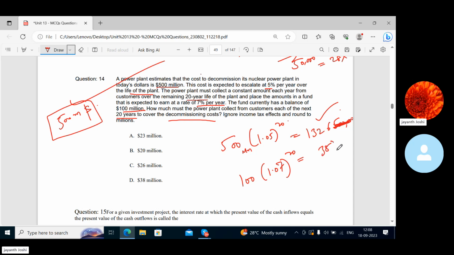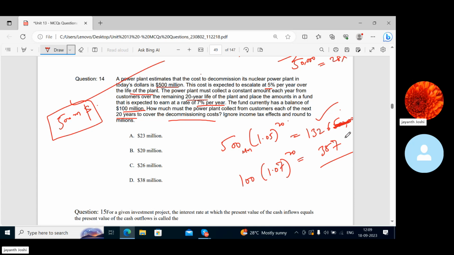I'll take 387. So now this is the increment in the expenditure. This is the returns. So can I say net is the savings? Here 20 is the 20 years life. For both we have taken 20 years.